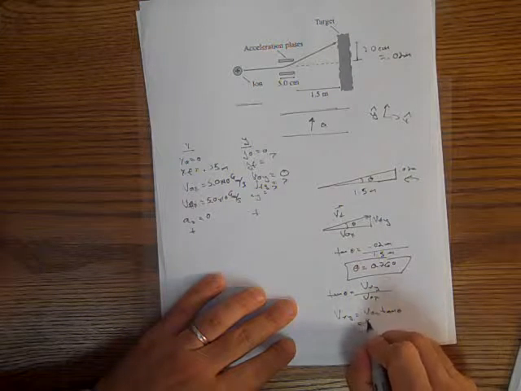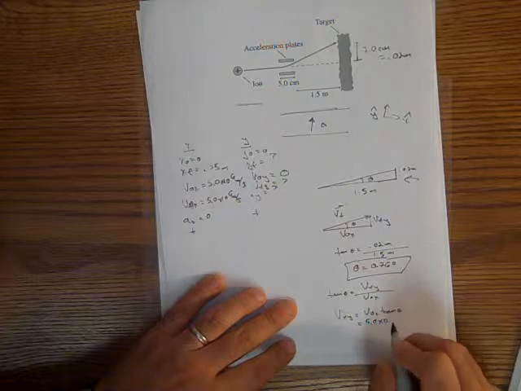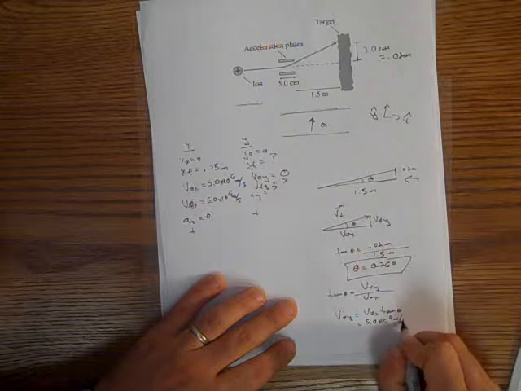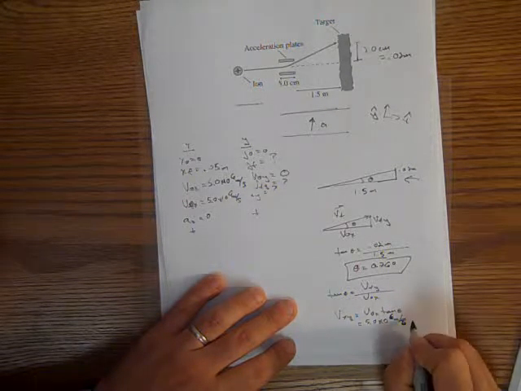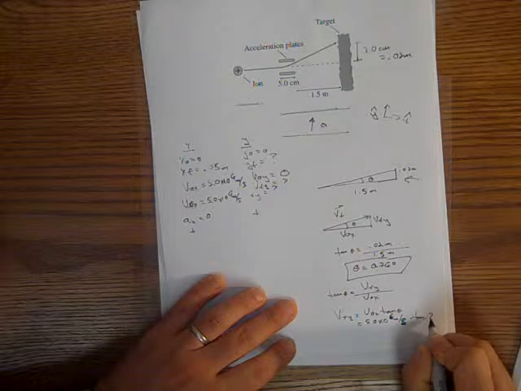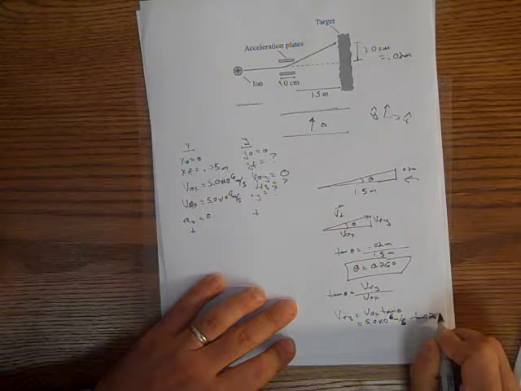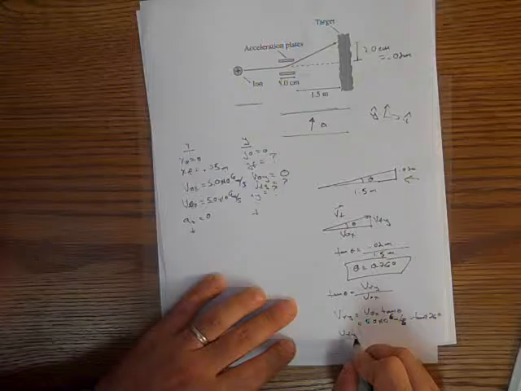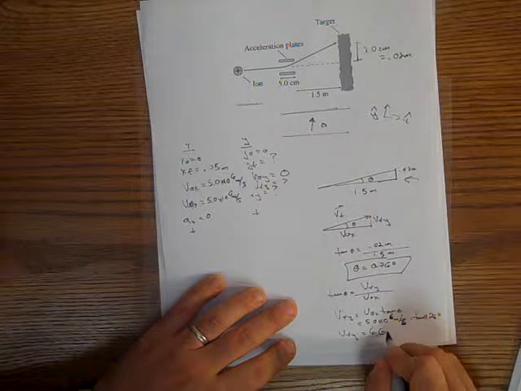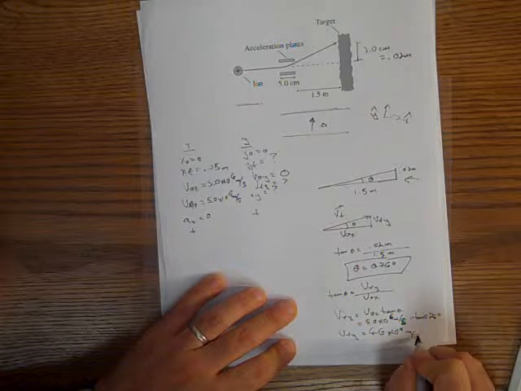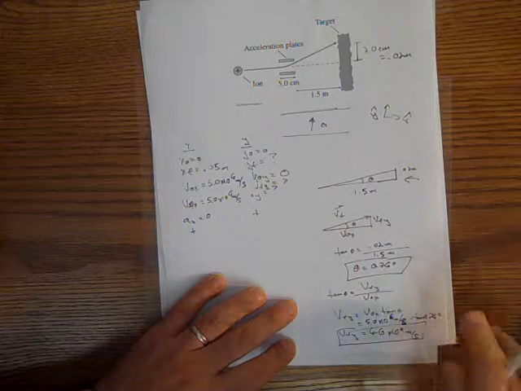I get 5.0 times 10 to the 6th meters per second, times the tangent of 0.76 degrees. And so what I find for the final y velocity is 6.6 times 10 to the 4 meters per second.